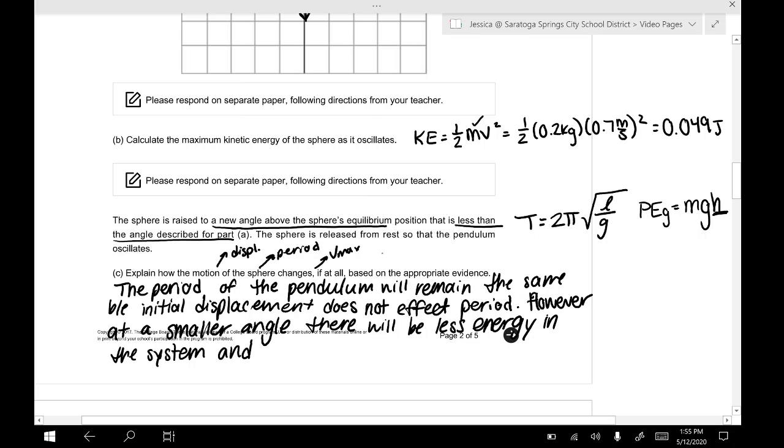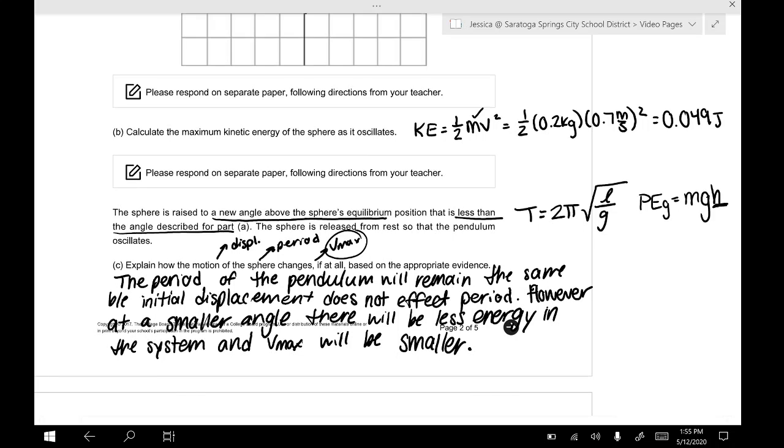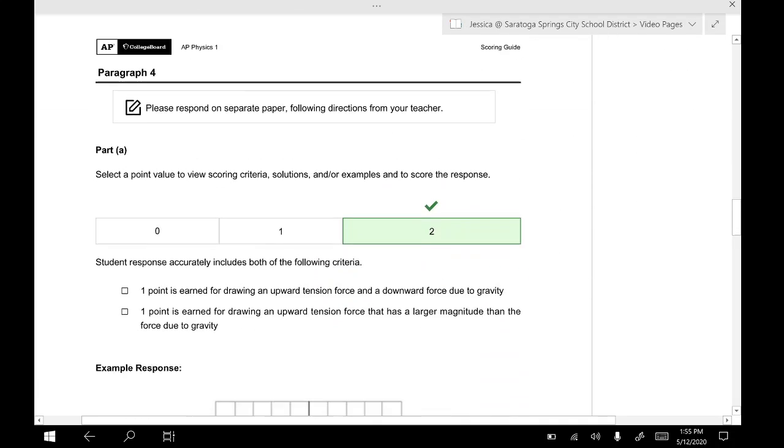And if there's less energy but with the same mass, this maximum velocity will decrease. So V max will be smaller. Okay. So the period of the pendulum is going to remain the same, but what is going to change is the amount of energy in the system, and it ends up making it so that the velocity at that position 2 is smaller. All right, so let's go ahead and check the points.